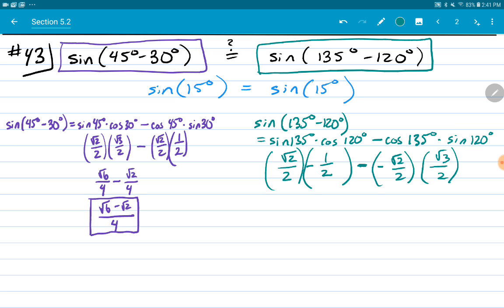Now when I multiply these together, I get a negative radical 2 over 2 minus a negative, so I'll just go ahead and make that a plus. Radical 2 times radical 3 gives me radical 6 over 2. So that gives me negative radical 2 plus radical 6 all over 4. I made that same mistake again; these should be 4.